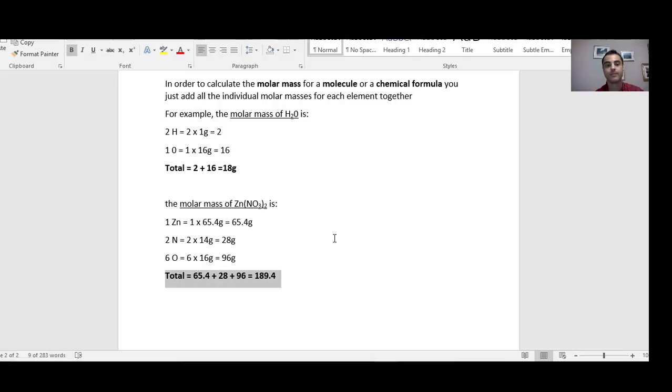Therefore, the total is going to be 65.4 grams plus 28 grams plus 96 grams. One mole of zinc nitrate is going to be 189.4 grams.